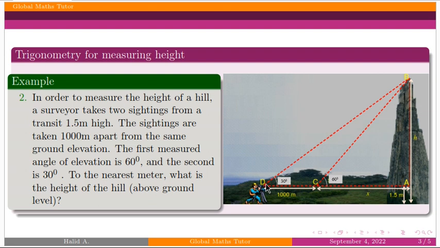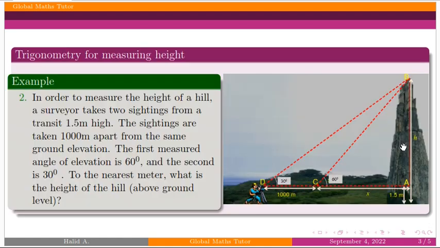The sightings are from a transit of 1.5 meters. Thus, the question is to find the height of the hill from this ground. So we need to find h. Let's do the solutions of those two questions.